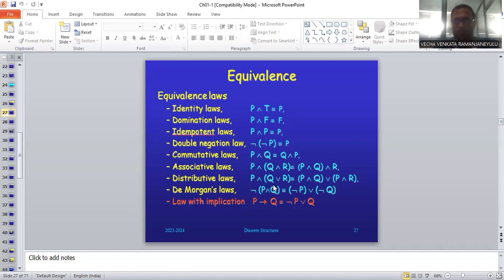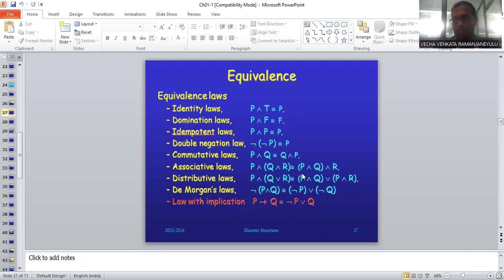Next, De Morgan's law. De Morgan's law means negation of P and Q is equivalent to negation P or negation Q. Here negation is applied inside.